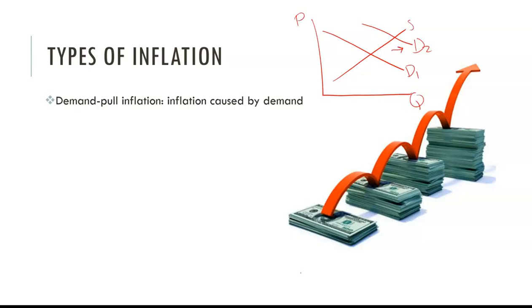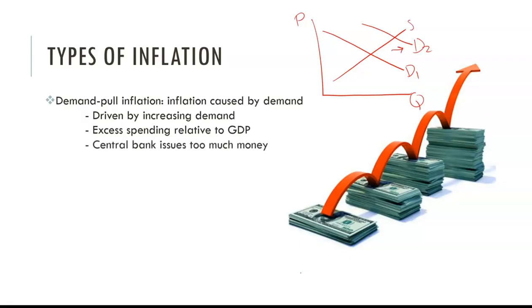So demand pull inflation would be prices increasing because we have rising demand. Typically, this happens when there's excess spending relative to the level of GDP or the level of production. Sometimes this can happen when the central bank issues too much money. We have lots of cash for purchasing things. This is going to cause demand to increase and thus prices to go up.